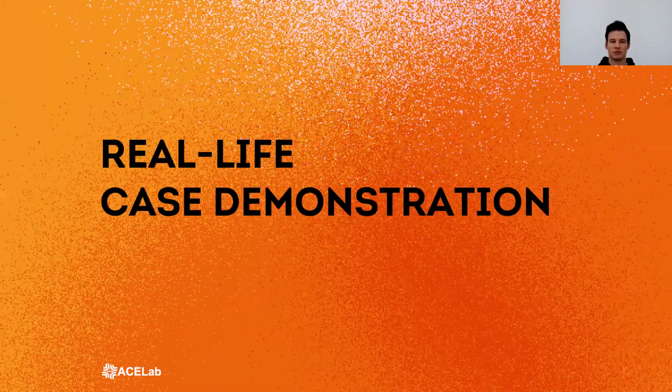So I think it's time for some real-life case demonstrations. Give me a moment. I will share my second screen with our software, and we will see what we can do there. So today I have two drives to show you, two cases.